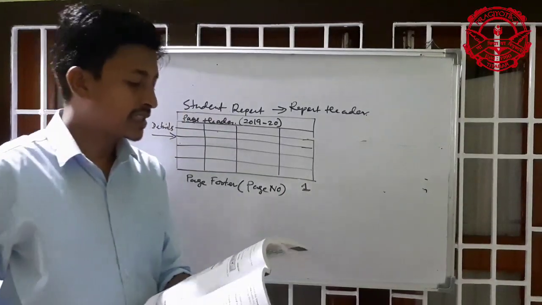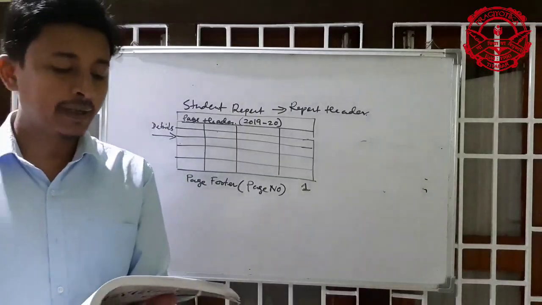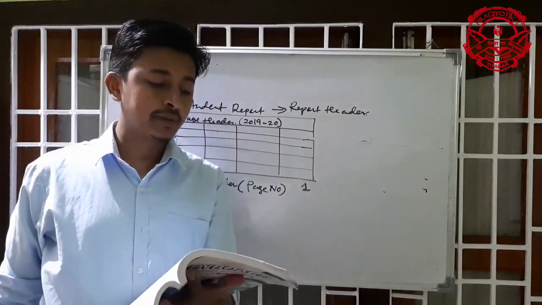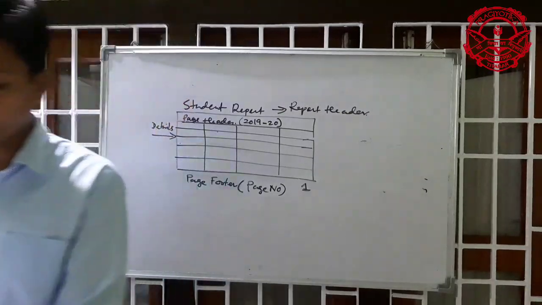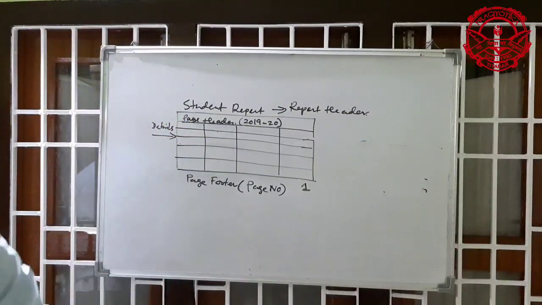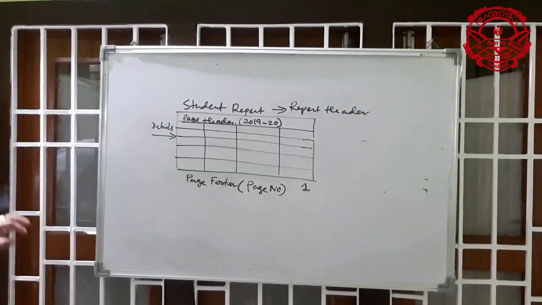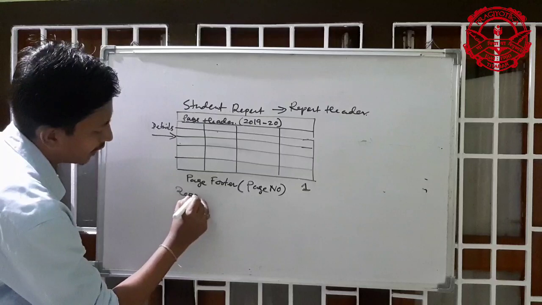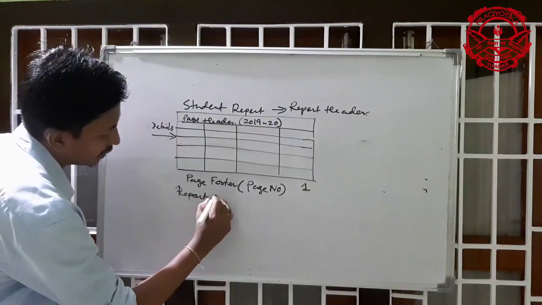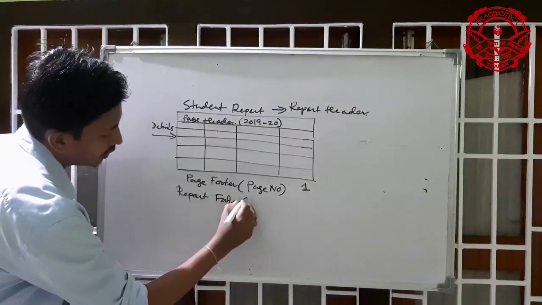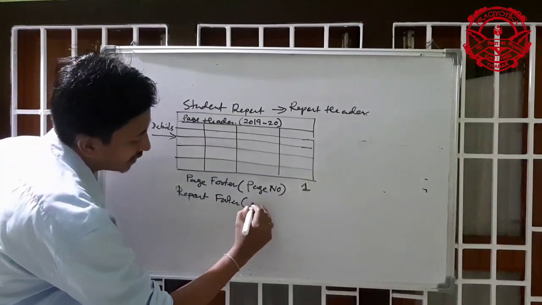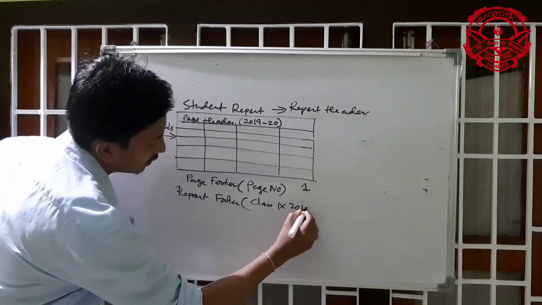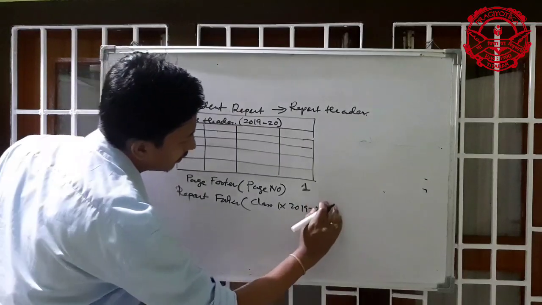Next is report footer. It appears at the end of the report and gets printed only at the end of the entire report. Report footer is also information. Say I can give a message, like class 9, 2019-20 batch.